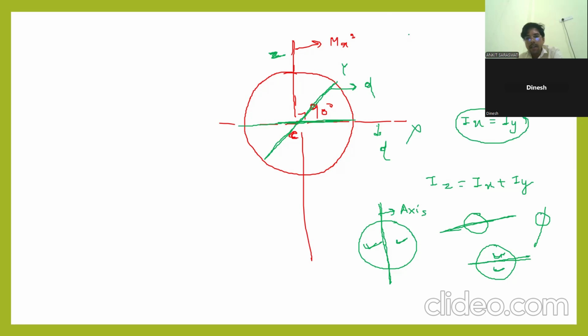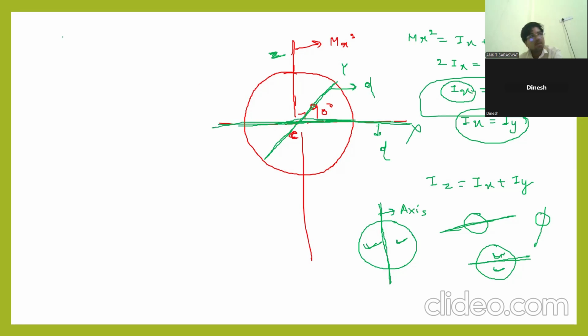So I can write Iz is MR square. Ix equal to Iy means Ix plus Ix, 2Ix, so Ix will be MR square by 2. Actually this moment of inertia about the x-axis is about the diameter.